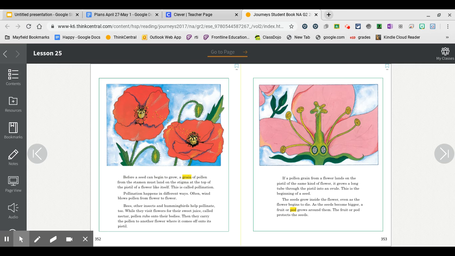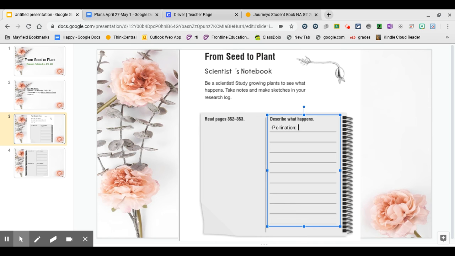This is called pollination. So I'm going to go back and write what has to happen. A grain of pollen from the stamen must land on the stigma at the top of the pistil of a flower like itself. Period. I'll go back and fix my word.